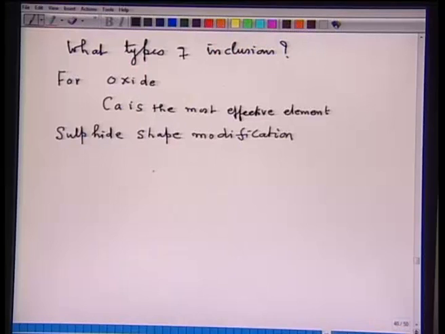Now, suppose we add calcium, then calcium modifies the Al2O3 inclusions and forms 12CaO·7Al2O3 inclusions. For example, this is the inclusion which is C12A7.